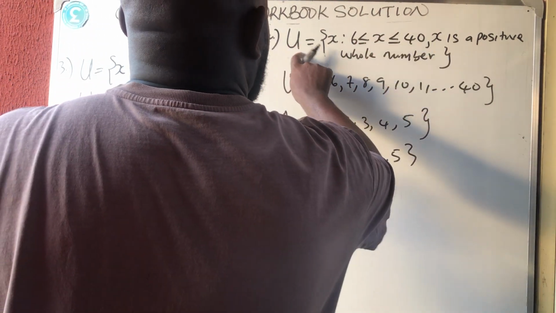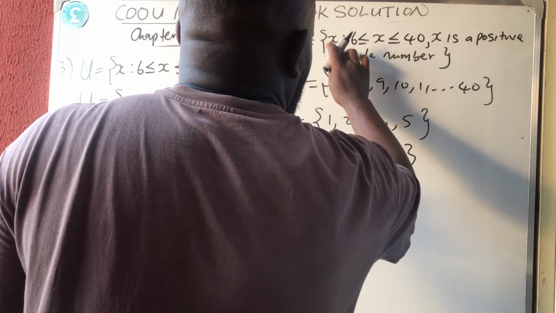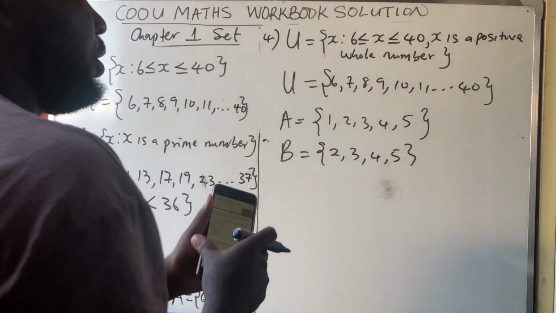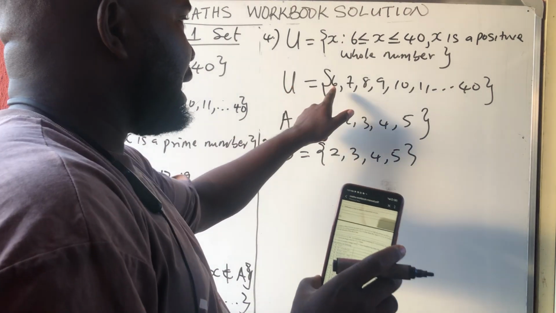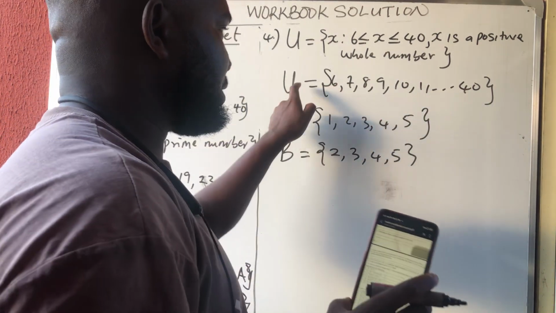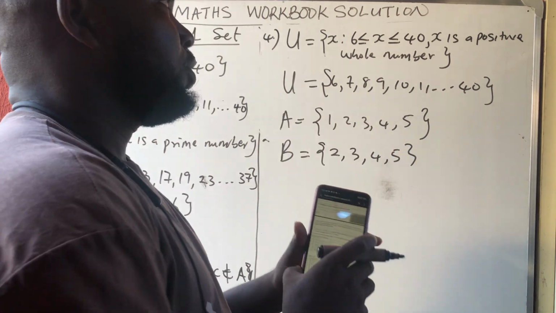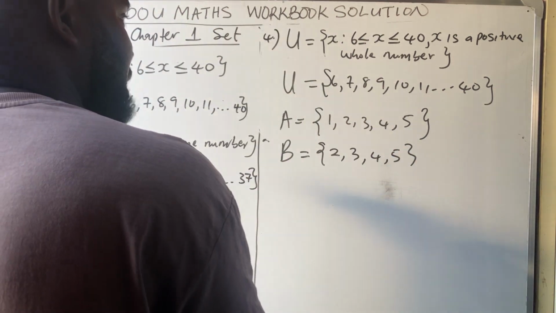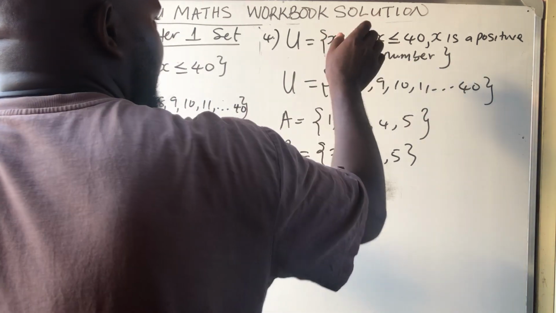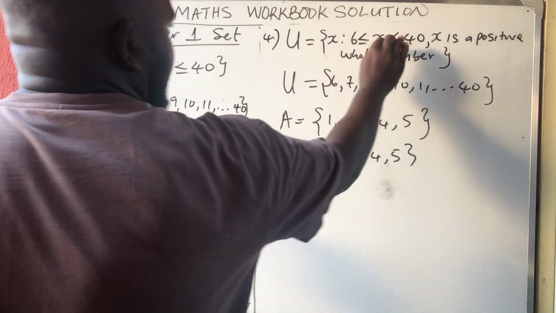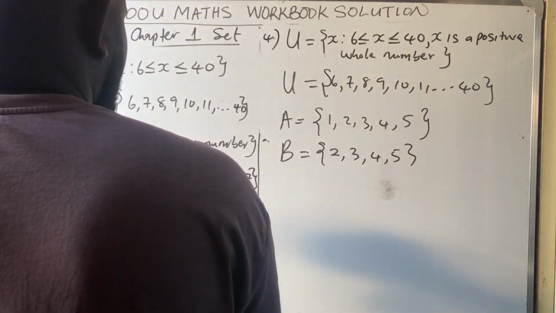I think the universal set there is just the set of x such that x is a positive whole number, because you cannot have a universal set starting from 6 when set A starts from 1. It's not possible. They carried number 3 and put it inside number 4, so it's a typographical error.